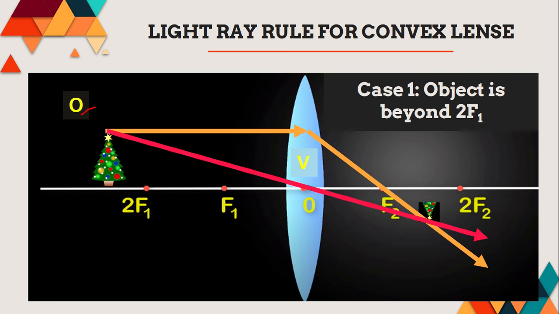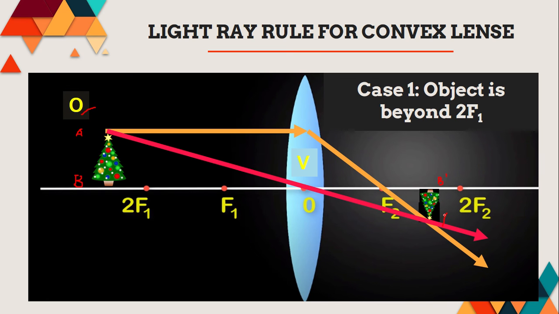If this is the head, then here it is. For the other one, wherever the principal axis is, that is where the feet are. The feet of our object are here, so the image's feet are there too. If the head is represented as A and the feet as B, then the image is A dash and B dash.